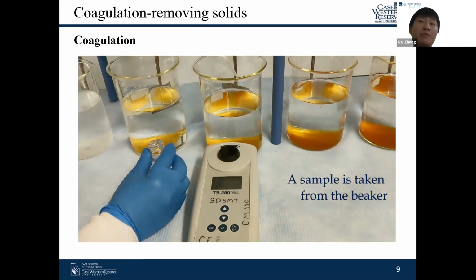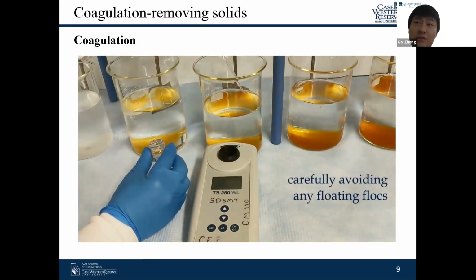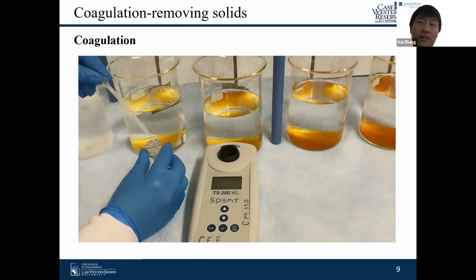Now we want to determine whether we indeed removed those solids in the water.